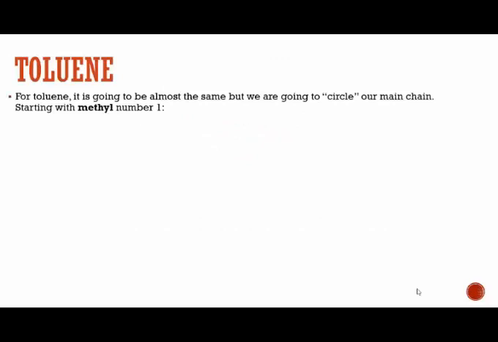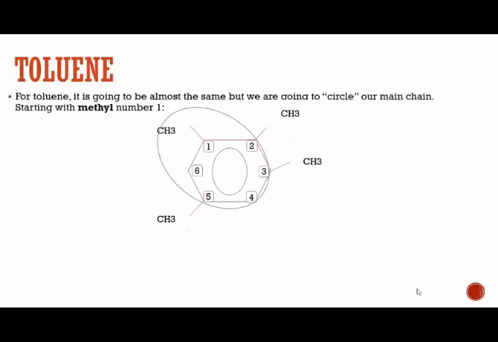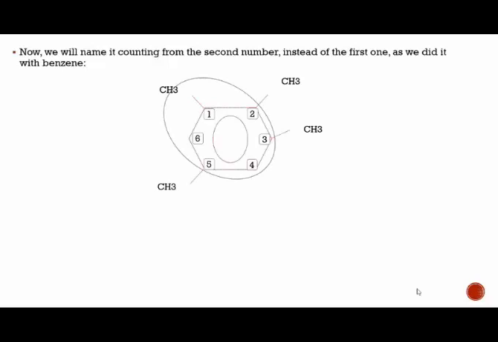For toluene, it is going to be almost the same, but we are going to circle our main chain starting with methyl number 1, like this. Now, we will name it counting from the second number, instead of the first one as we did with benzene. It would remain 2,3,5 hyphen 3-methyl toluene.